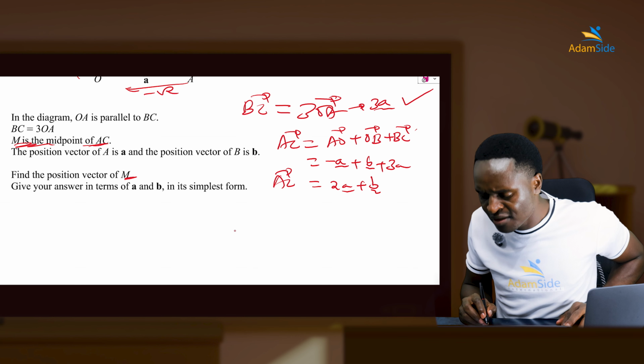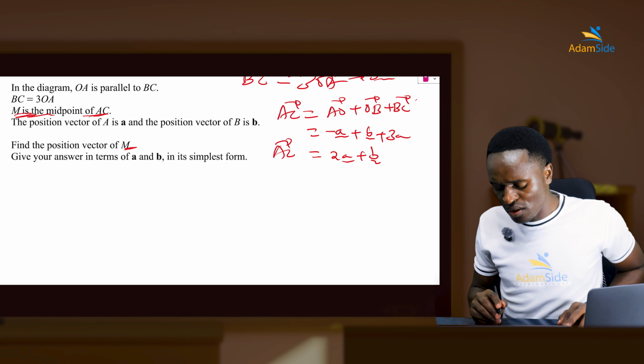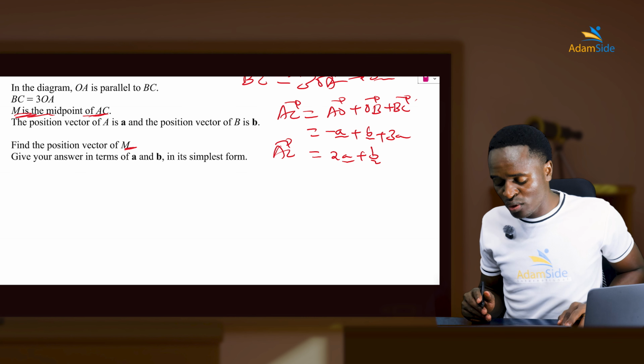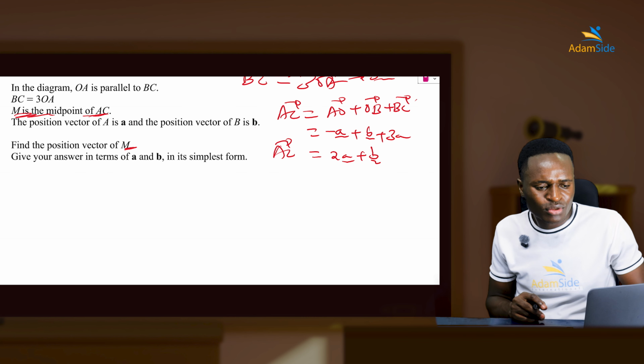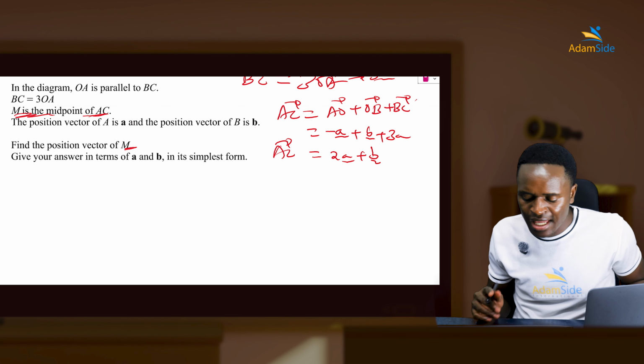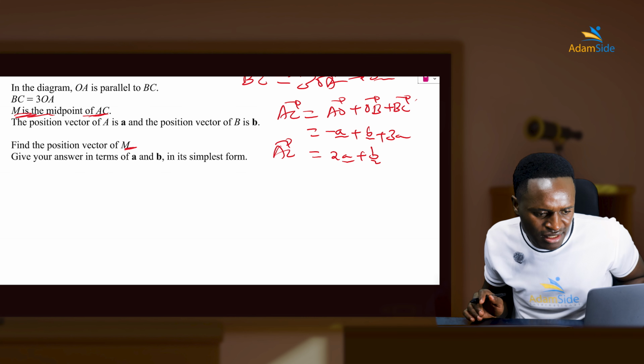If something is the midpoint of AC, it's very easy. Finding AM is not a major problem, because AM is the same as a half of AC.